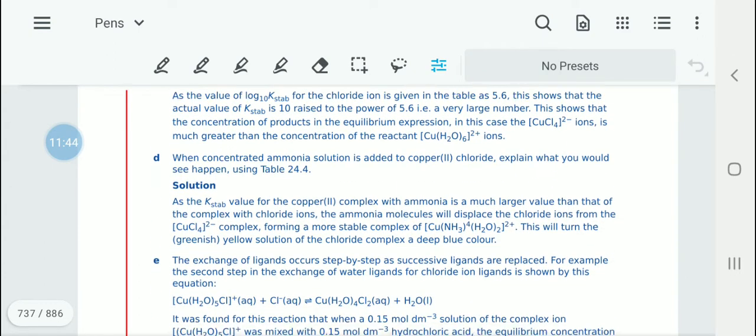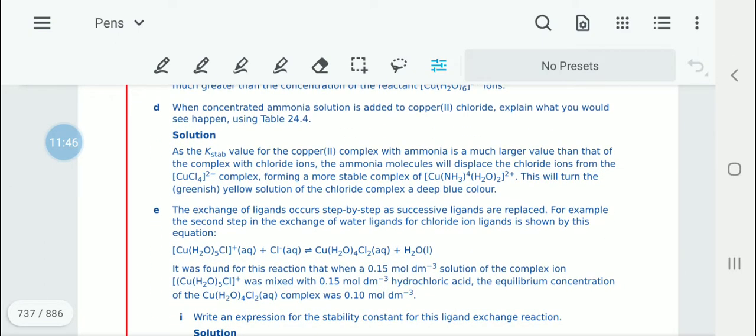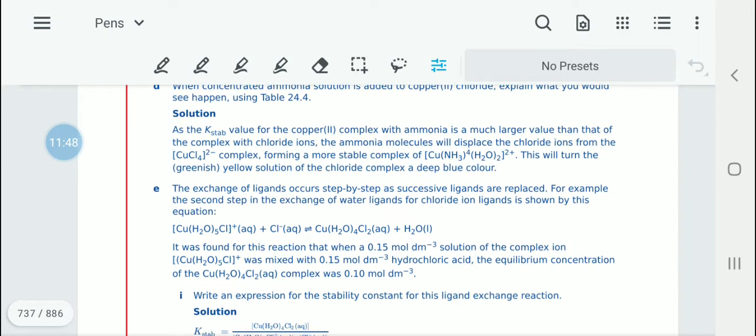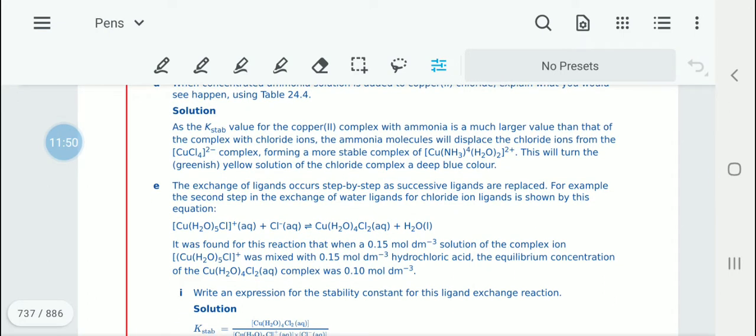Then they are asking what would happen if concentrated ammonia solution is added to copper 2 chloride solution. When you compare the K stab value for the copper 2 complex with ammonia, it is very much higher than for the chloride ions.